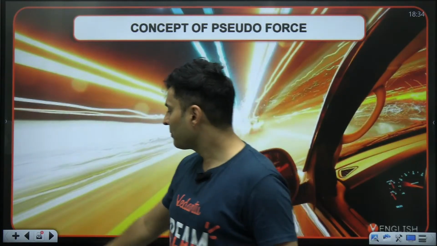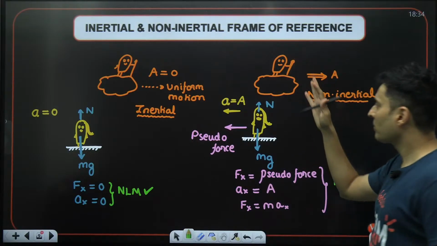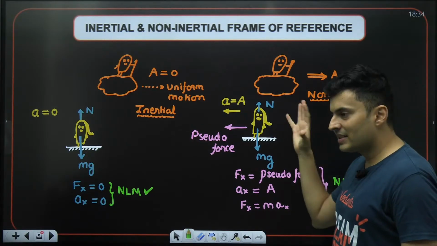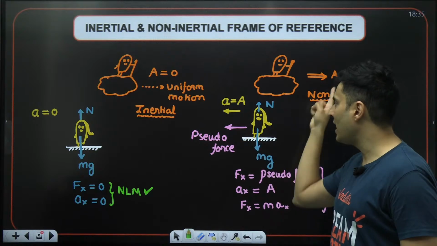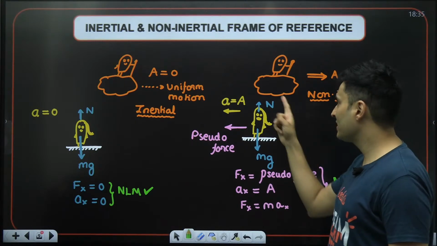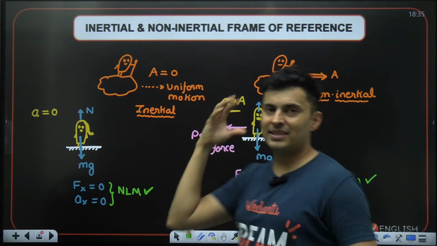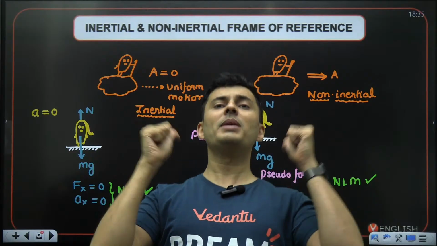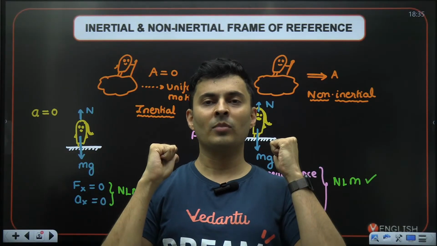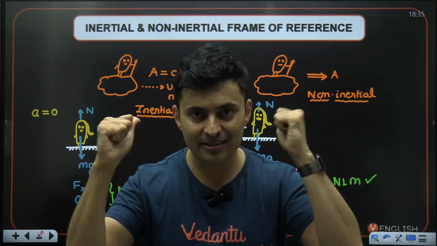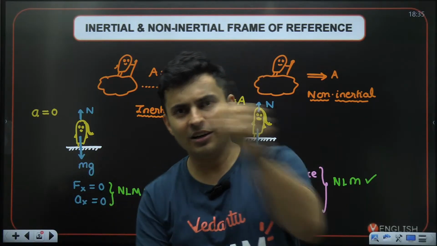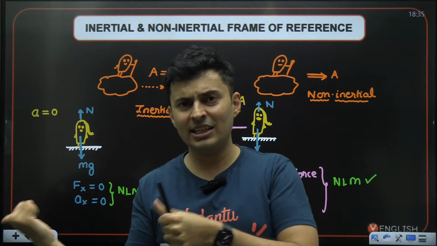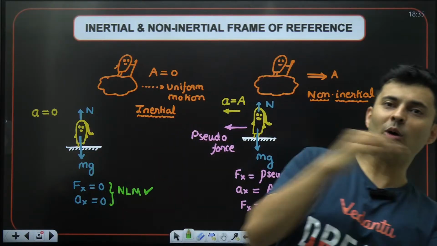So, in every accelerated frame, you will see the application of pseudo force, and it is always opposite to the direction of the acceleration. For example, if this bus is accelerating front, you go behind, force is behind. If the bus is stopping, so the acceleration is behind, you feel the force in the front. If the bus turns to the right, acceleration is towards the right, but you are thrown outwards.